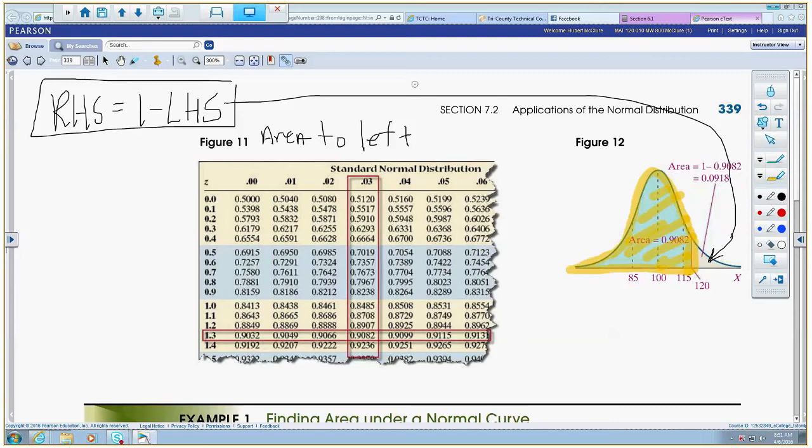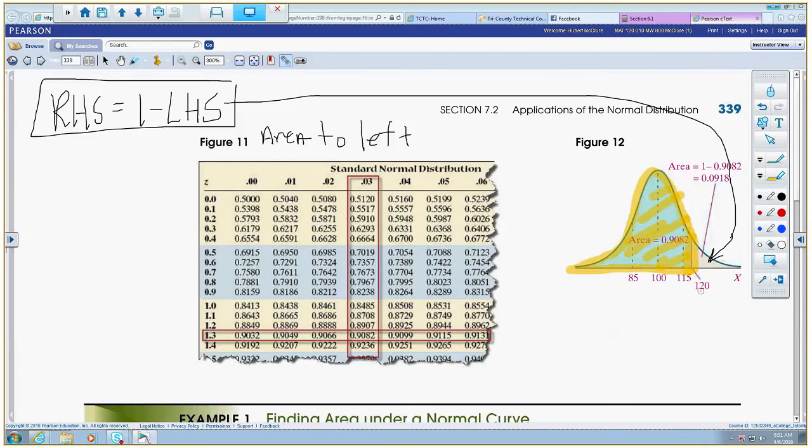The only time you need to know the right-hand side is when it asks for things like greater than, more than, score greater than 120. But if it asks for less than 120, up to 120, or scores below 120, then you're dealing with the left-hand side, which is what the table gives you. How do you read it? Well, first of all, 120 is not even on this map, okay? So what do you do?